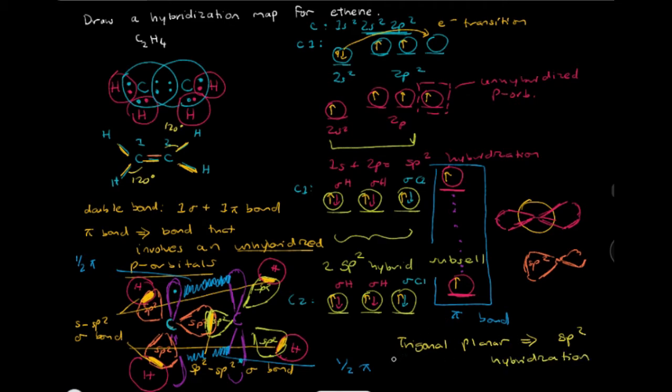So whenever you see trigonal planar electron geometry, you should see sp2 hybridization. Keep that in mind, because there will be a double bond, and when you have a double bond, you need to create a pi bond, which involves an unhybridized p orbital.